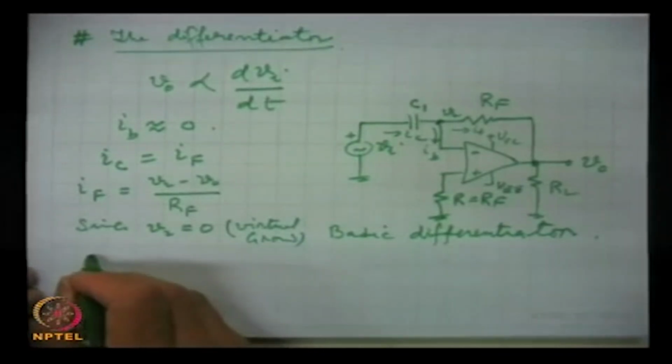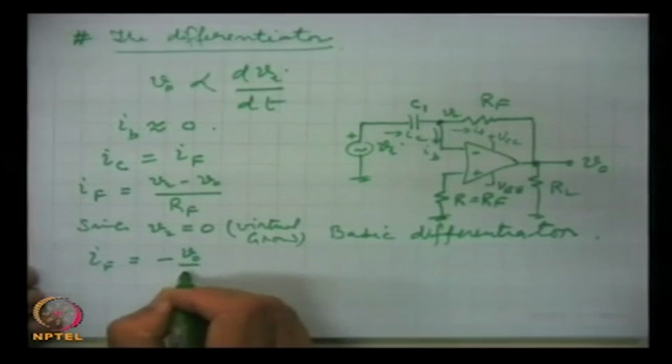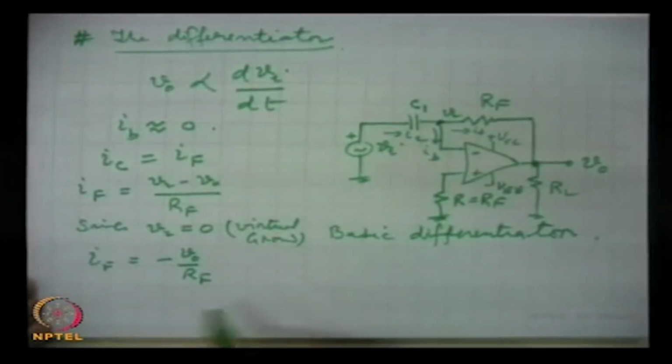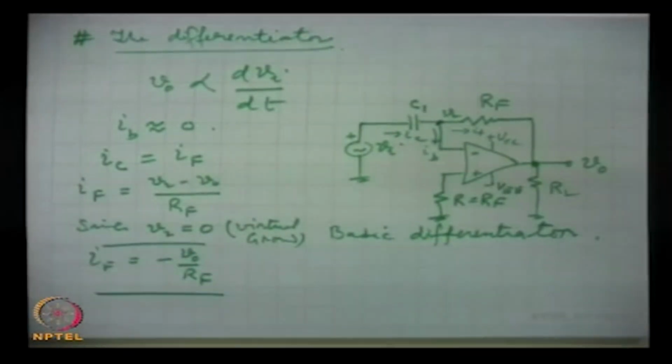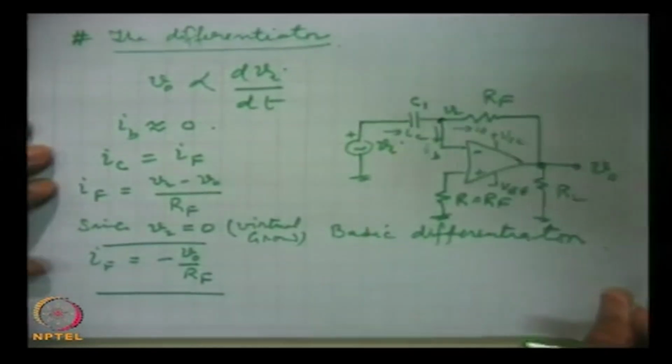Then IF is equal to minus V0 by RF. This is one expression, and how much is IC, the charging current?